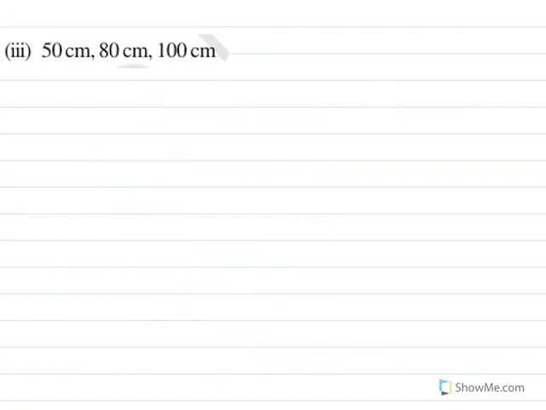Now for the next one, we have A equal to 50 centimeter, B equal to 80 centimeter, and C equal to 100 centimeter. Take up the two smallest sides, A and B, and find the sum of the squares.